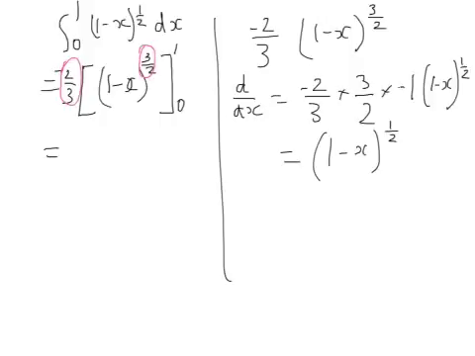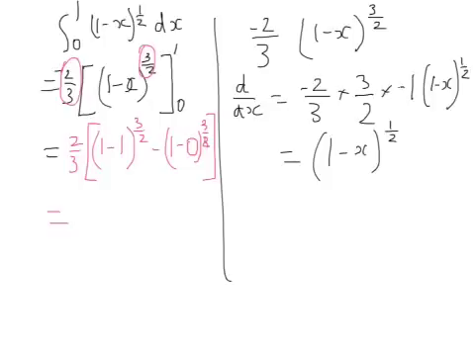So if I go and substitute in there, my first one will be 1. Of what? 2 over 3 outside of 1 minus 1 to the power of 3 over 2 minus 1 minus 0 all to the power of 3 on 2.